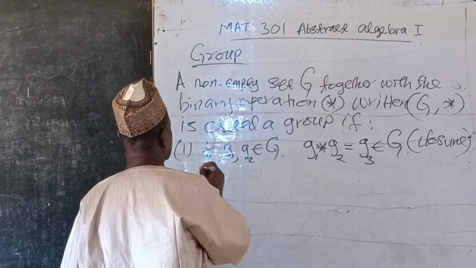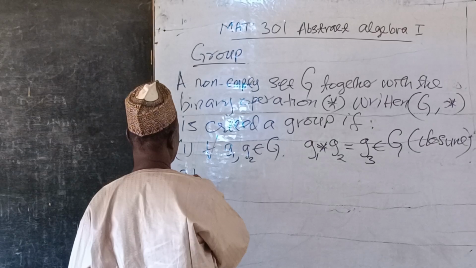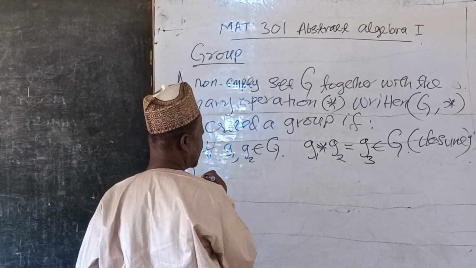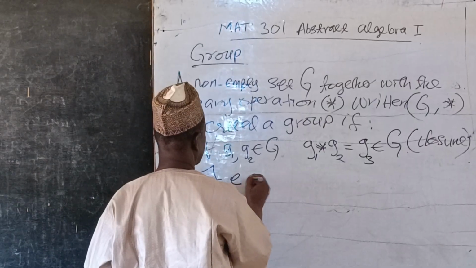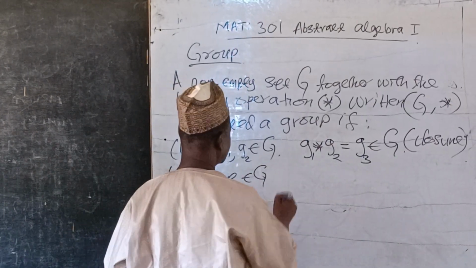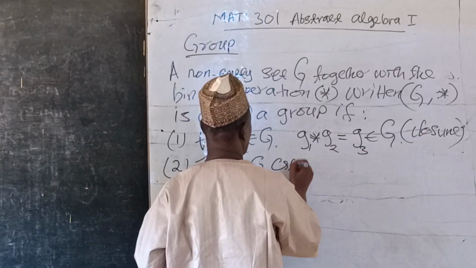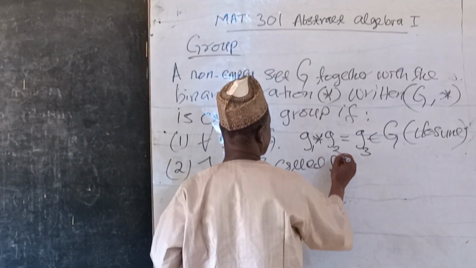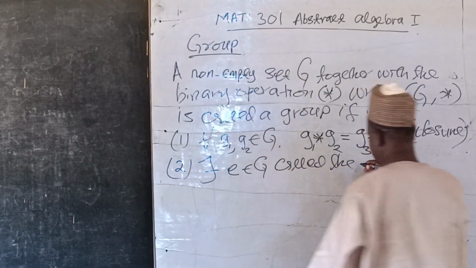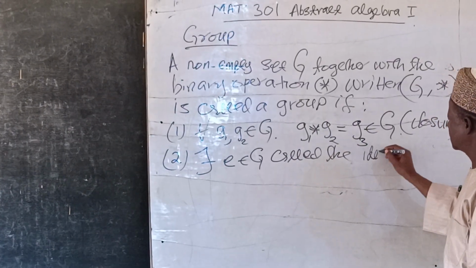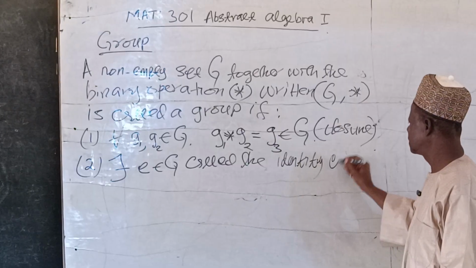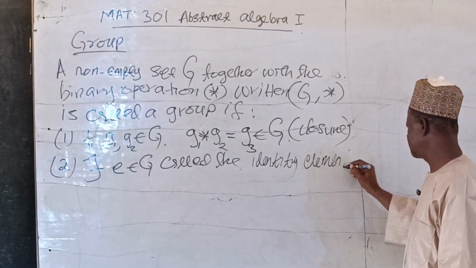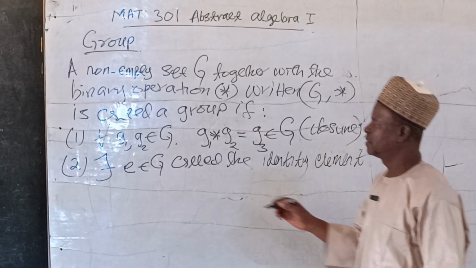So, second axiom of group is that there exists E in the group G called the identity element. Okay?